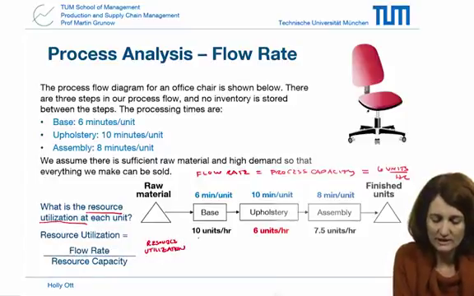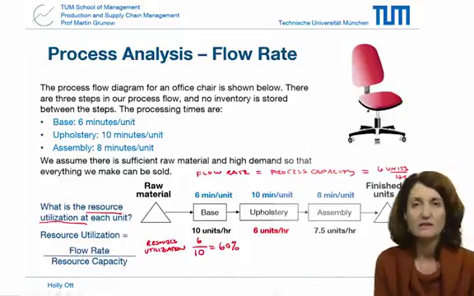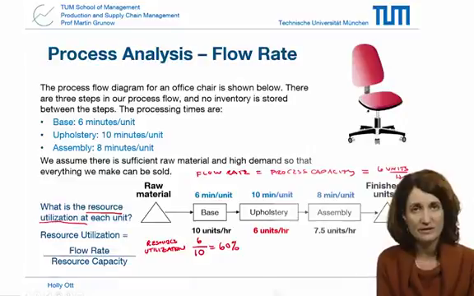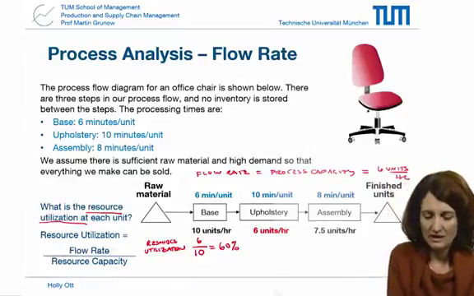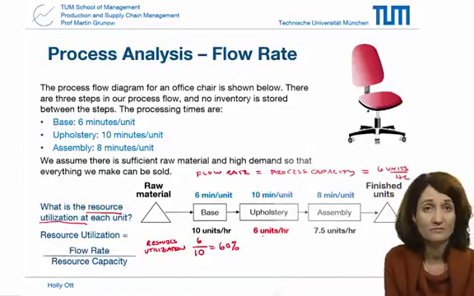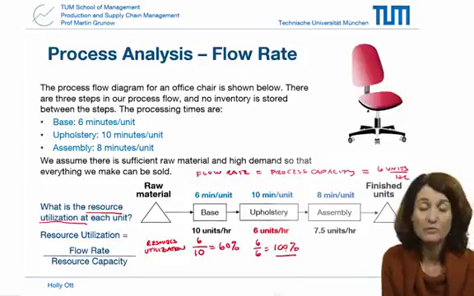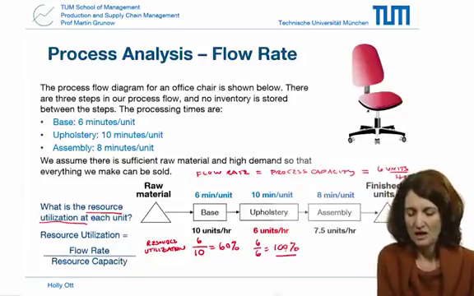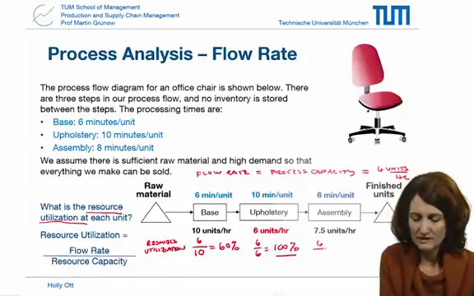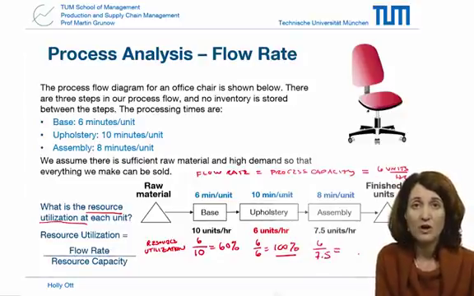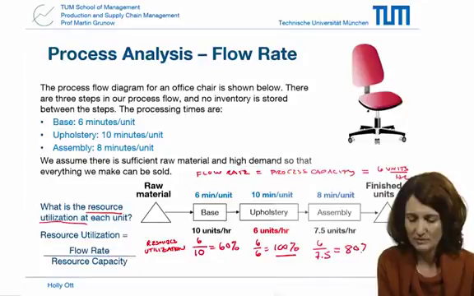So flow rate is 6 divided by resource capacity, here 10. The base is utilized only to 60%. The upholstery, you don't even need to calculate this, right? It's the bottleneck. So it's going to be utilized 100%, assuming we have enough inputs. Assembly is going to be 6 over 7.5, so it's only utilized to 80%.